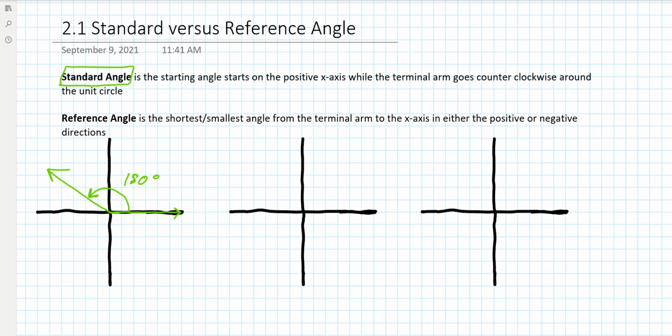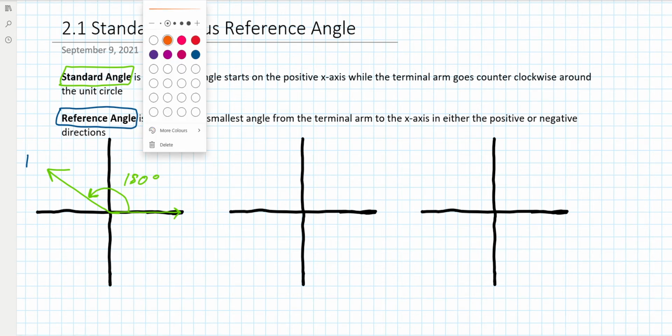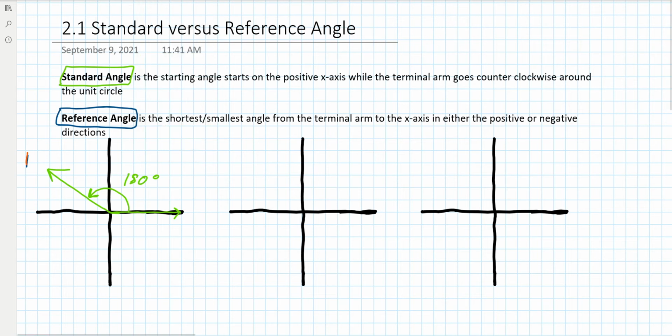Whereas our reference angle in blue is the shortest and smallest angle from the terminal arm. So that's this arm over here. Maybe I can do that in orange. So this here is the terminal arm.